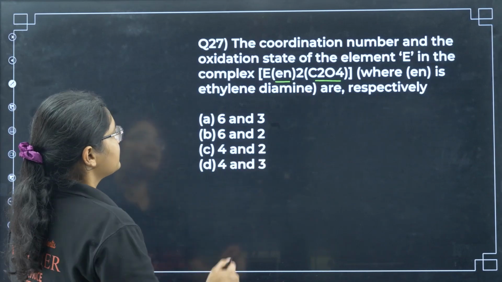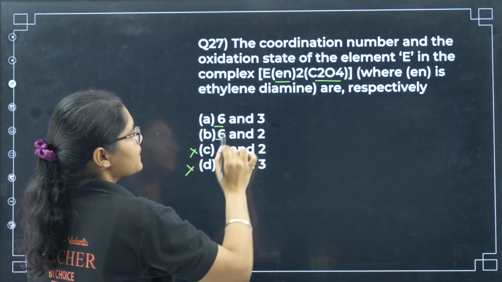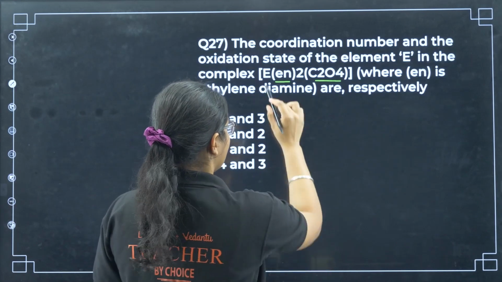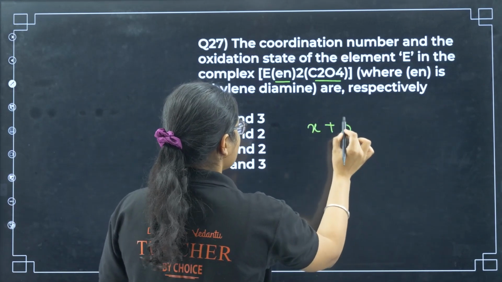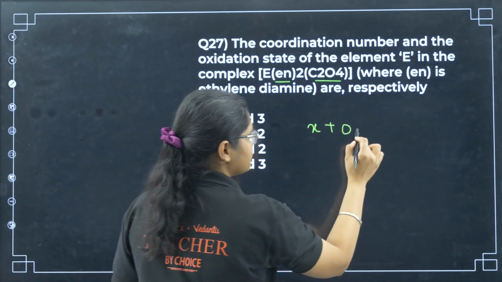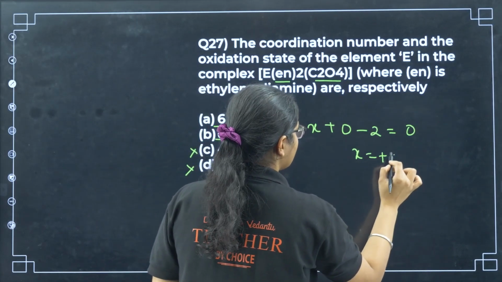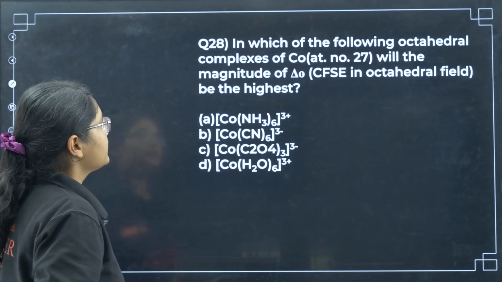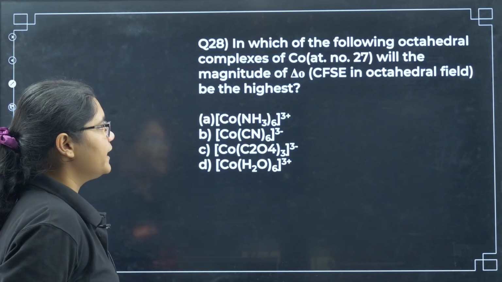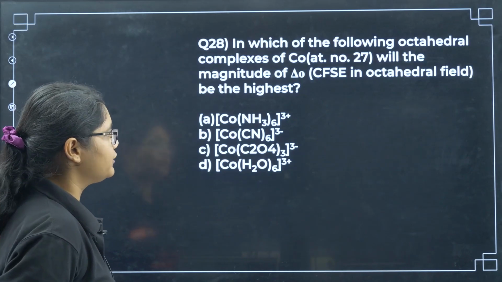So the coordination number will be 6 and I can eliminate these 2 options. Next, what is the oxidation state of the metal? Let E be equal to X, then en is 0 and C2O4 charge is -2 and the complex is neutral, so X will be equal to +2. Okay, 6 and +2.